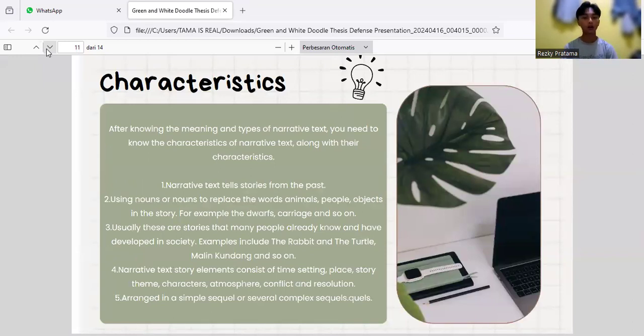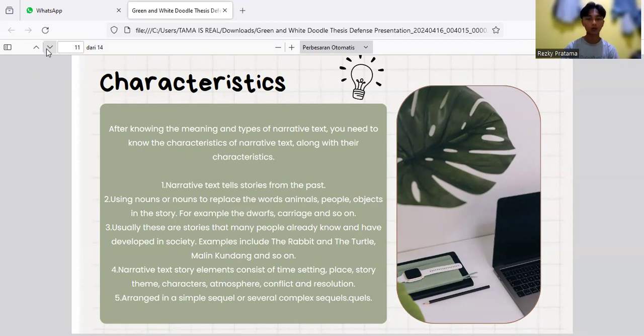Next, about characteristics of narrative text. After knowing the meaning and types of narrative text, you need to know the characteristics of narrative text. For number one, narrative text tells the story from the past. Number two, using nouns or pronouns to replace the words animals, people, objects in the story.